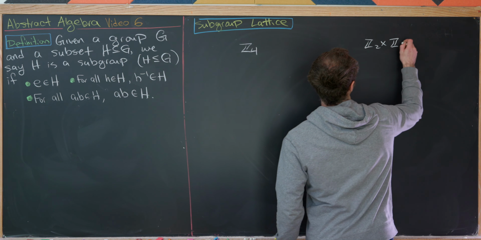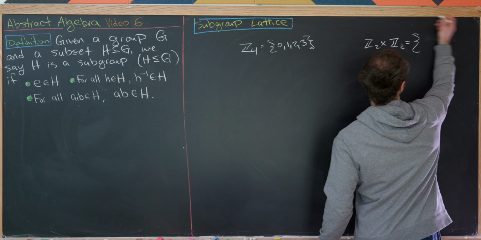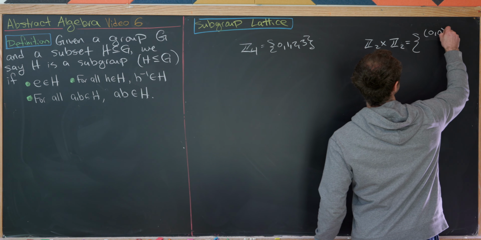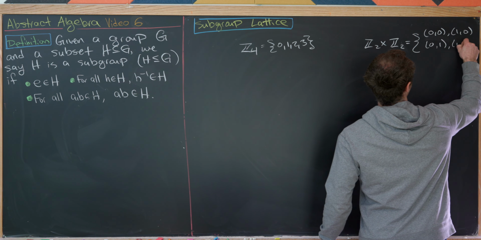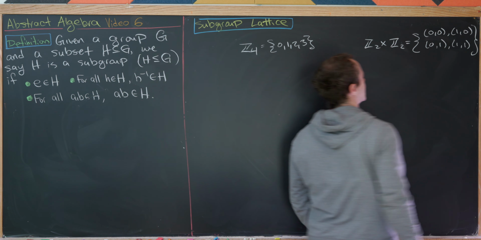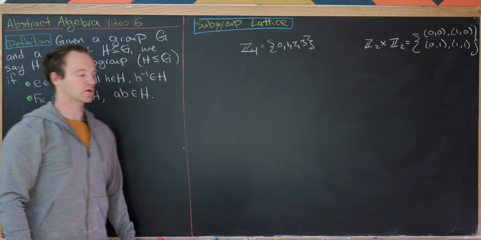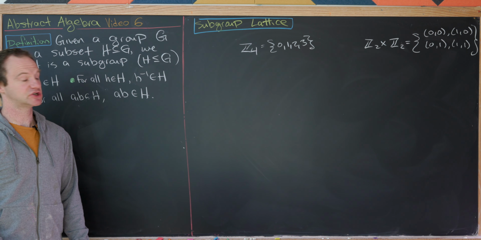So Z4 contains 0, 1, 2, and 3. Recall that we're working mod 4 in this case. And Z2 cross Z2 involves the ordered pairs (0,0), (1,0), (0,1), and (1,1), where in each of those entries in the ordered pairs we're working modulo 2.